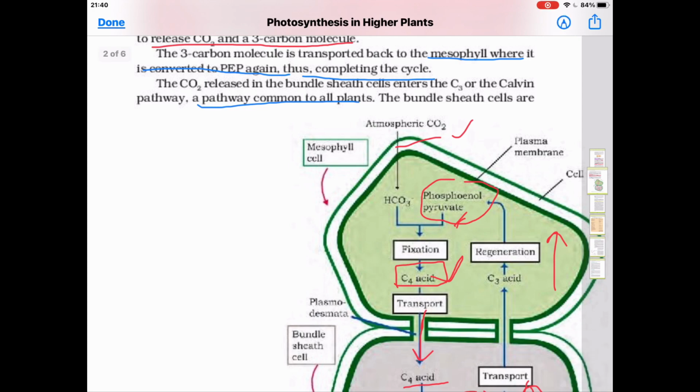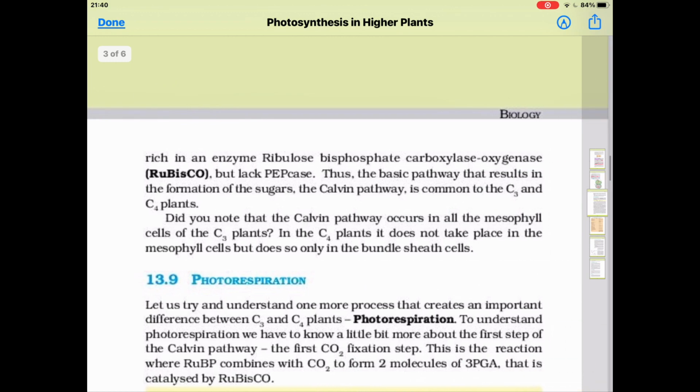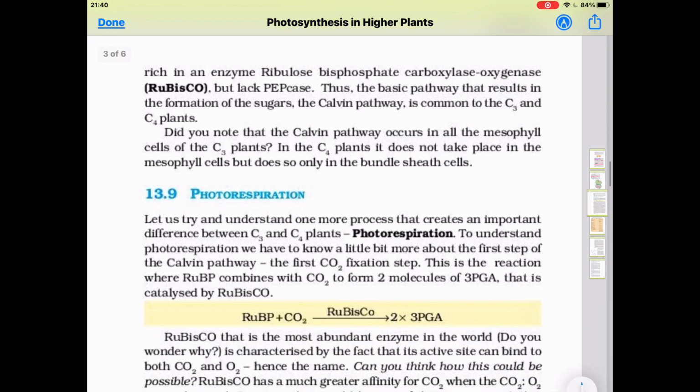That is the Kelvin cycle. The bundle sheath cells are rich in the enzyme Rubisco but lack pepcase. Thus, the basic pathway that results in the formation of sugar, the Kelvin pathway, is common to the C3 and C4 plants.